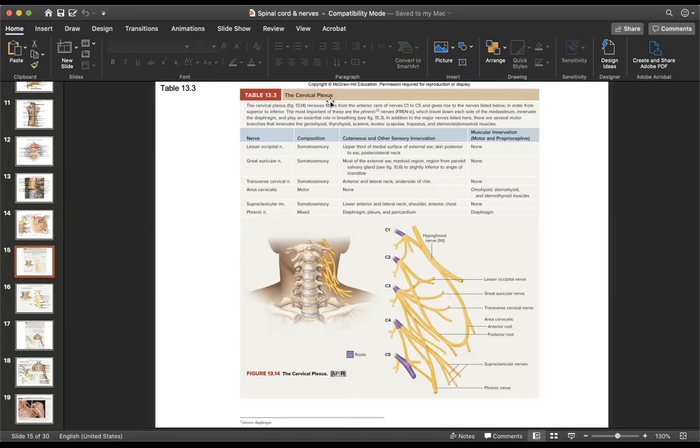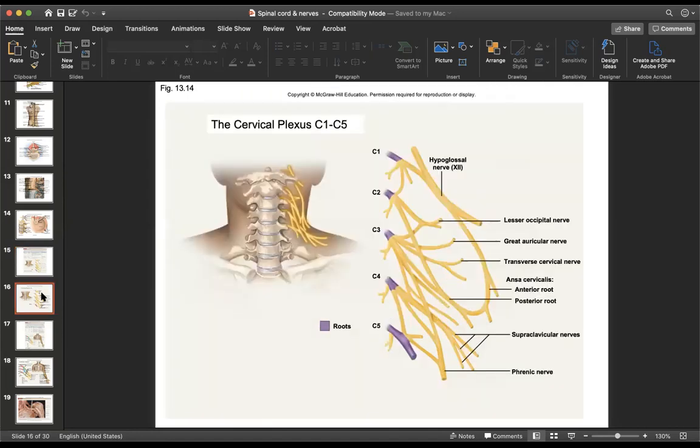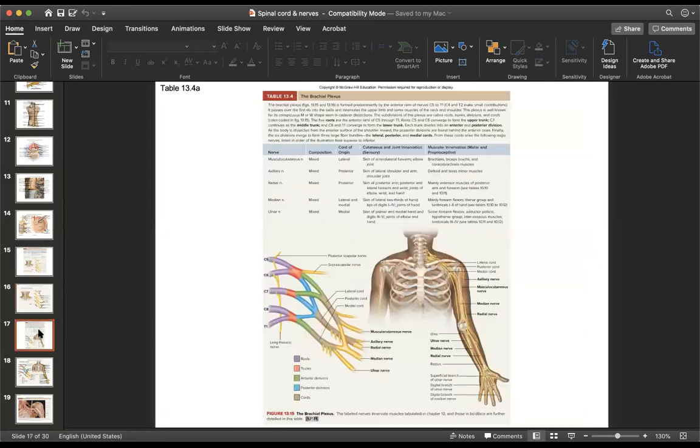But the big thing about the cervical plexus is the phrenic nerve. And again, just know the levels. Okay, when we get to things like the brachial plexus, you don't need to know the roots versus the trunks versus the divisions. All you really want to take out of this is the fact that these guys merge, split, merge again, split again.